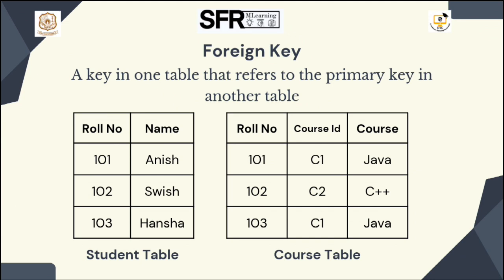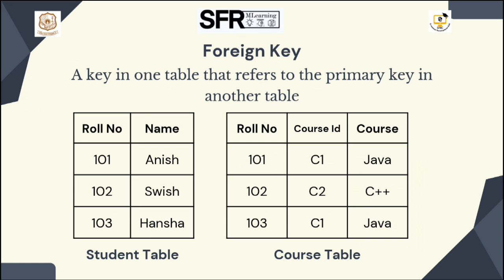It helps connect two or more tables, enabling you to create relationships between them. It is important for maintaining data integrity and preventing data redundancy. They act as a cross-reference between the tables.